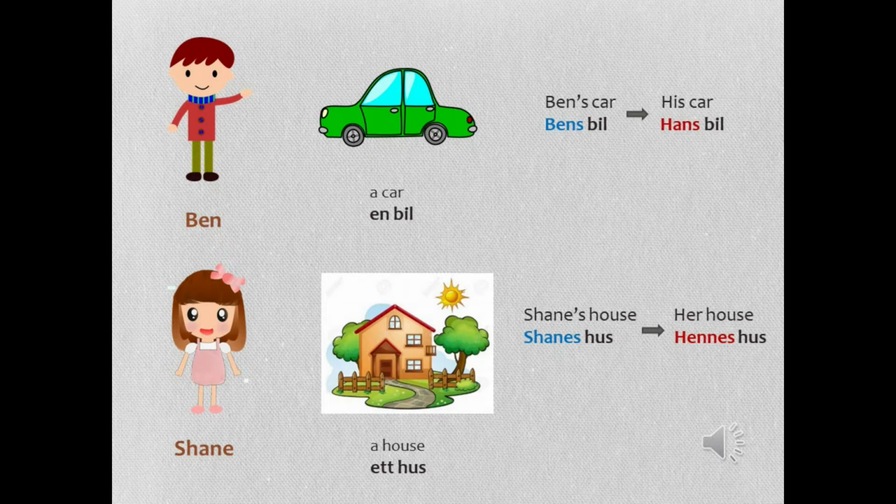Therefore, the possessive pronoun, or possessivt pronomen, here is hennes, because we use this pronoun to replace Shane's name as well as show ownership. It's her house. In Swedish, it is hennes hus. Hans and hennes are examples of possessive pronouns, or in Swedish, possessiva pronomen.